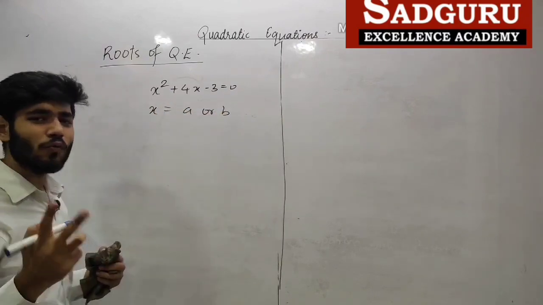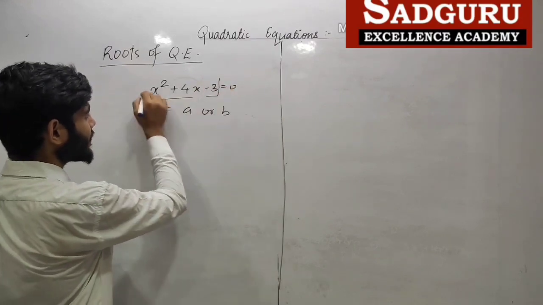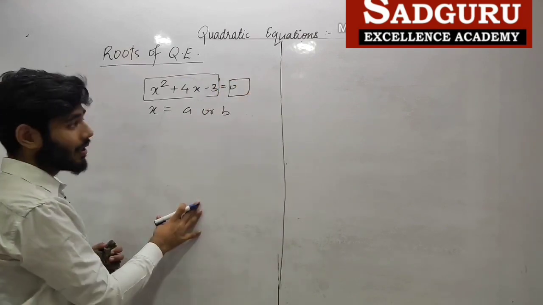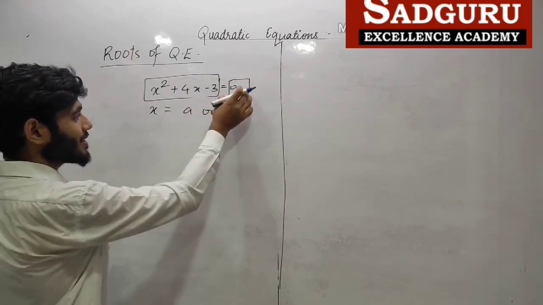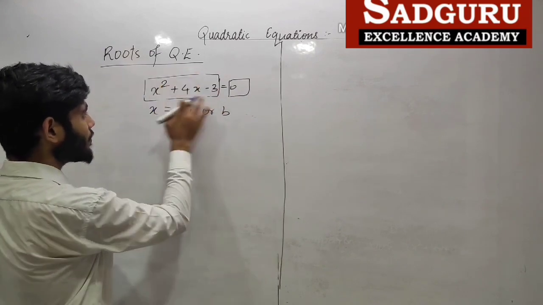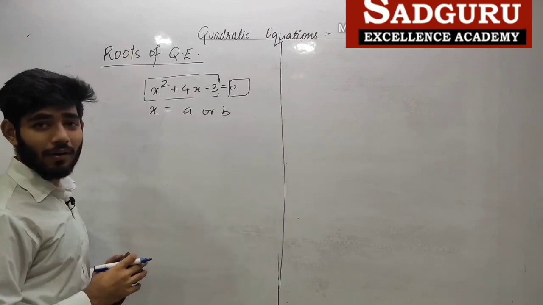We can have two values for which the left hand side and the right hand side both become equal. Suppose this is 0, so after putting a and b in this equation, we will get the whole term 0. Okay, so these are the roots of the given quadratic equation.